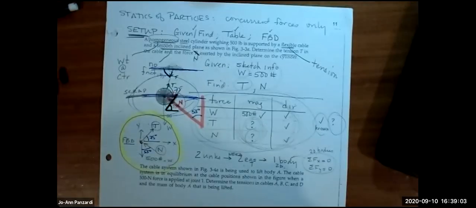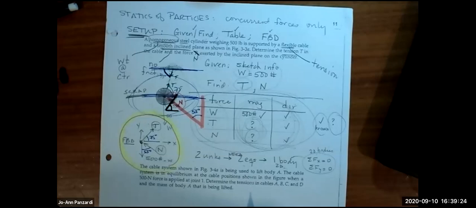These are not categorical, as in this case it could be mistaken for being categorical. Weight is different than tension is different than the normal force enough that you might think that these are categories rather than just the names of the variables. Good point. W stands for weight, so that's why I'm choosing it as the variable to represent the force.